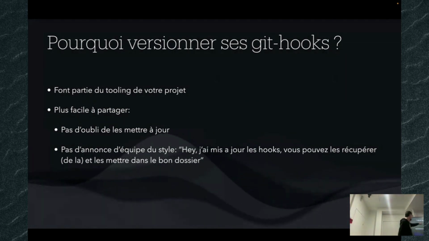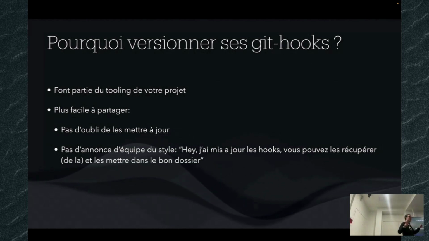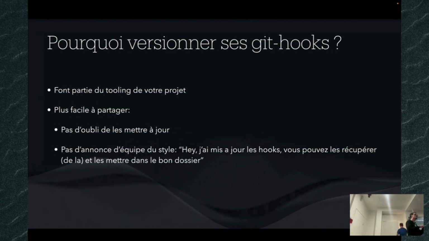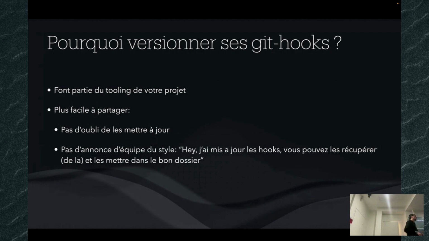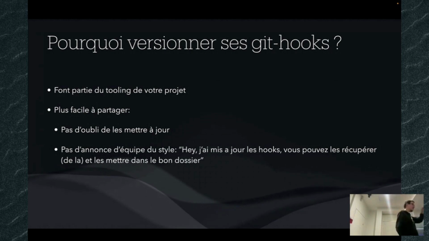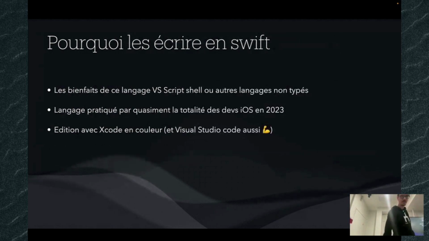So there will be no announcement like: I have updated the Git hook, so please go, for example, to the conference page, or I don't know where they are hosted, copy and paste them to this location, be careful to remove the .swift extension, and don't forget to add the execution permission. There will be no more announcements like this.